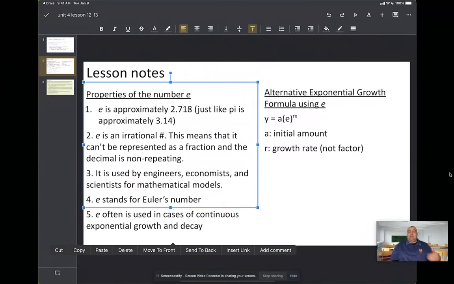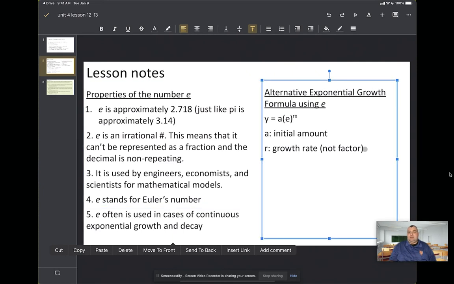It's continuously increasing. It's not that it stays at the same number for 5 hours and 59 minutes, and then at the sixth hour, it automatically doubles. And then it stays at that number for another 5 hours and 59 minutes, and then at the sixth hour doubles. It's gradually increasing over time. That's what we mean by continuous exponential growth and decay.